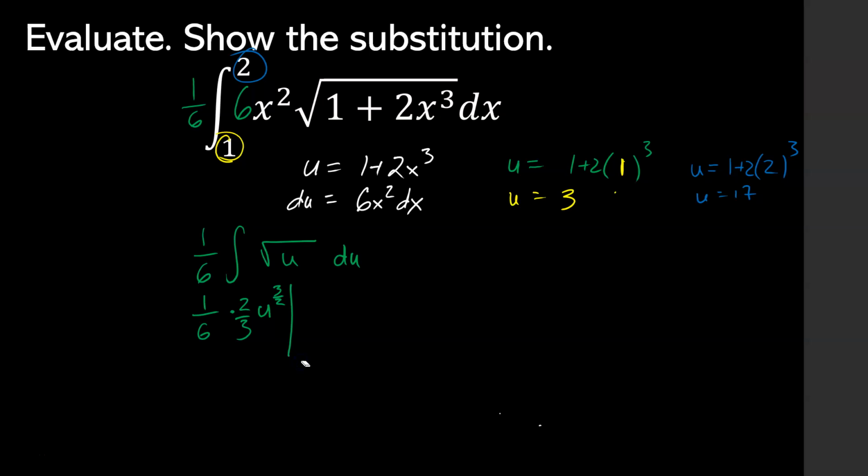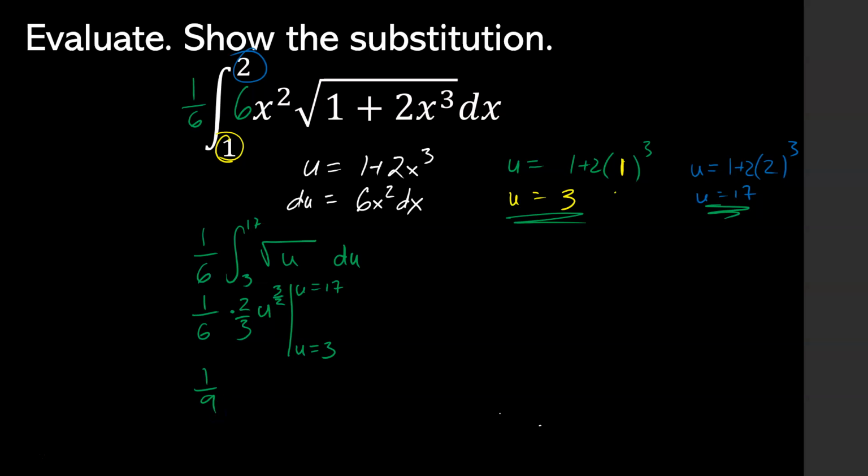So I'm hoping that by saying x equals 1 and x equals 2, the original x equals 1 and x equals 2, you might realize, oh no, I can't put x's where u's are. Oh right, I was supposed to change these to u's or change the u's back to x's. So if you're writing u equals 3 because I did the thing, and u equals 17, I'm allowed to put 17 for u. That's what I'm hoping. But your mileage may vary.